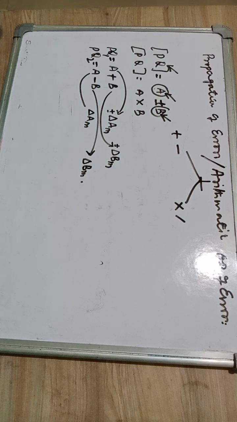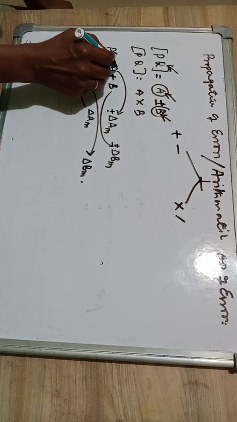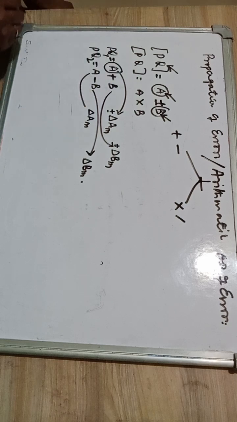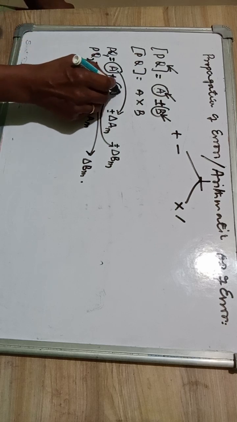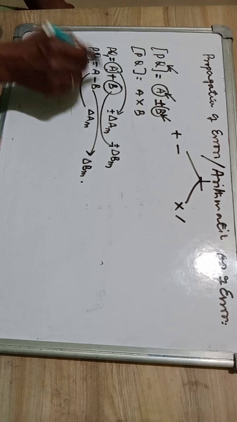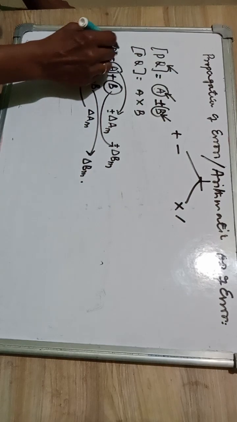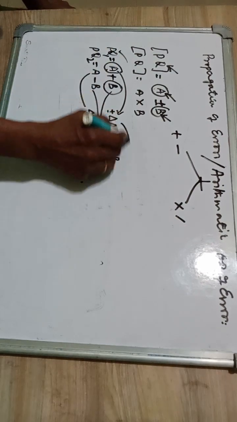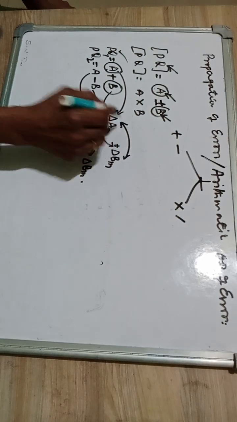Error is the uncertainty or loss. When we say this is giving certain loss, this also is giving certain loss. When both are combined, definitely both will contribute loss.